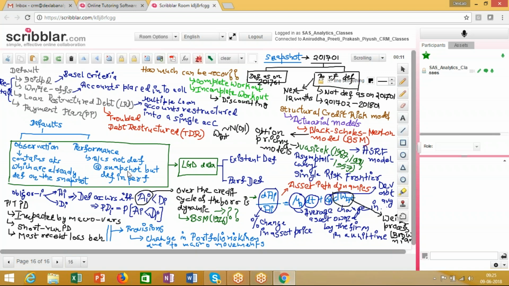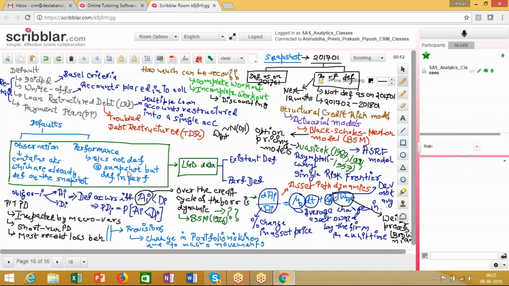From there you have the Black-Scholes, and the model that we would be talking about going forward is a variant of the Black-Scholes-Merton 1976 option pricing model. This was the very same model for which Black-Scholes and Merton were awarded the Nobel Prize.